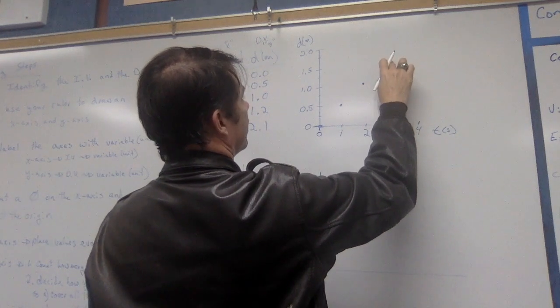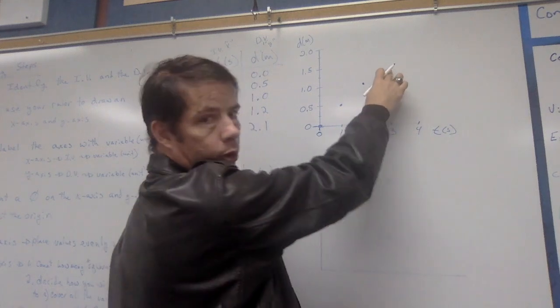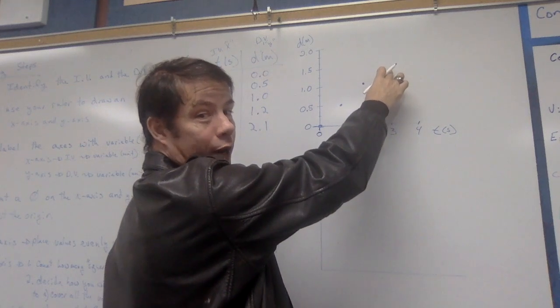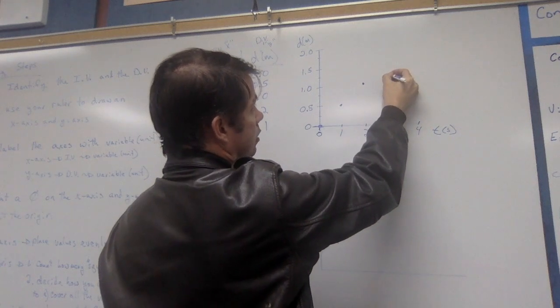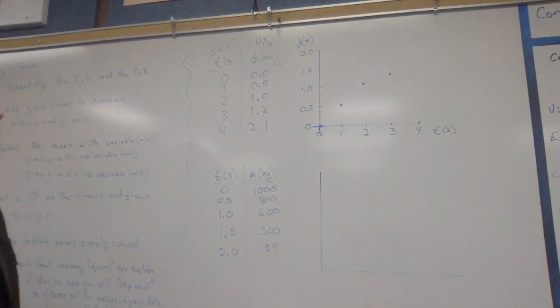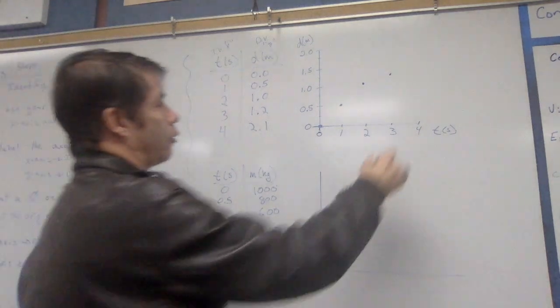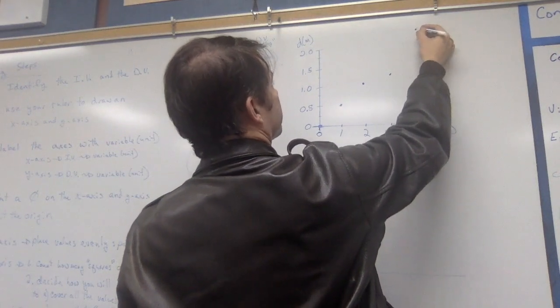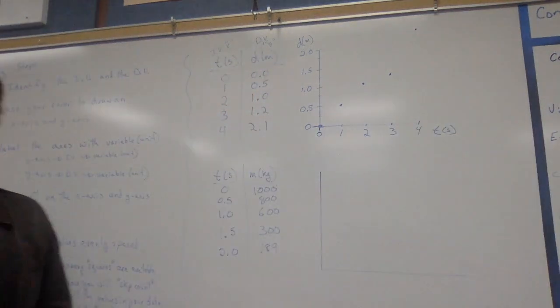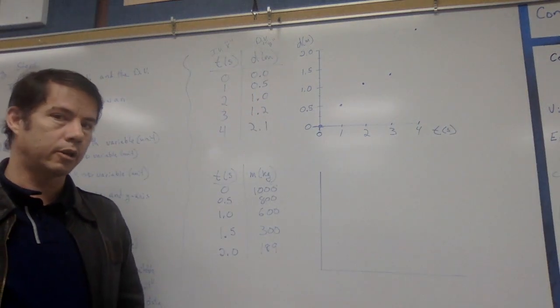There's 1.5. Halfway is 1.25. So it's going to be just a little bit under halfway. Okay. And then number 4 is 2.1. So it's all the way up here to 2, but it's actually slightly above. Okay. So we've plotted our points.